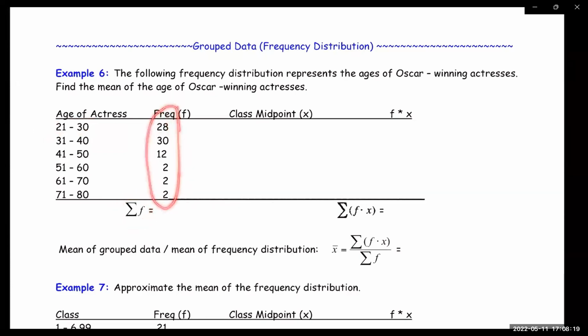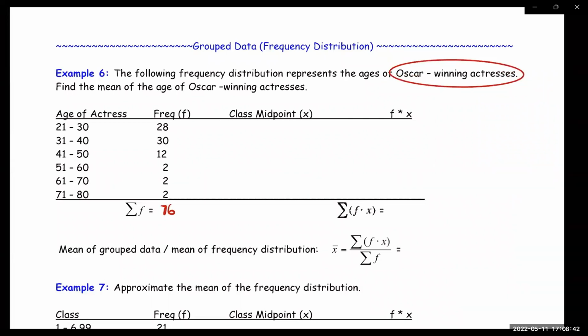If you add these up, you should get 76. So that means there's 76 Oscar-winning actresses that we're considering.